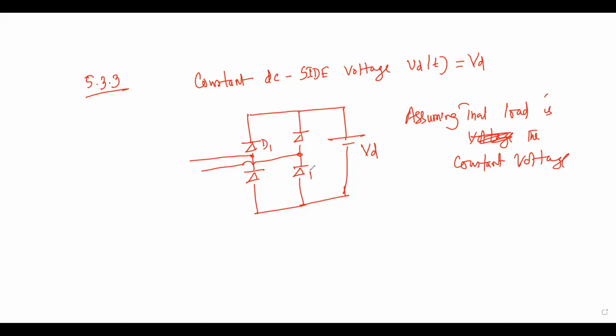So this is your D1, this is your D2, this is your D3, and this is your D4. And here we will consider finite source inductance. So then the current will be your ID, that will be your load current. So we shall study this circuit right now.